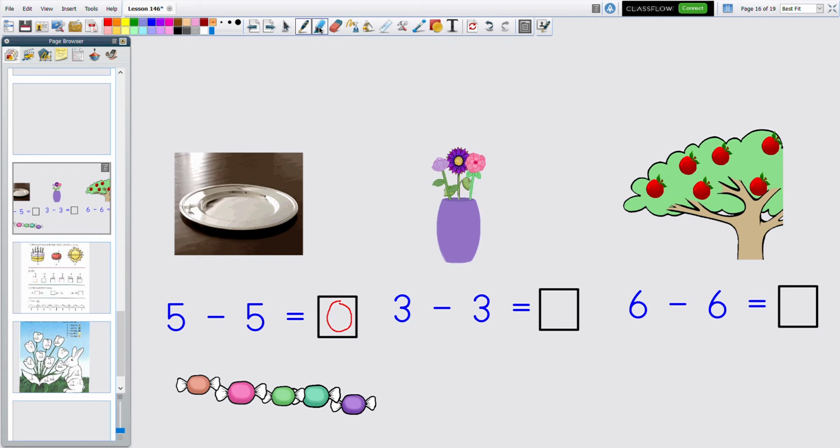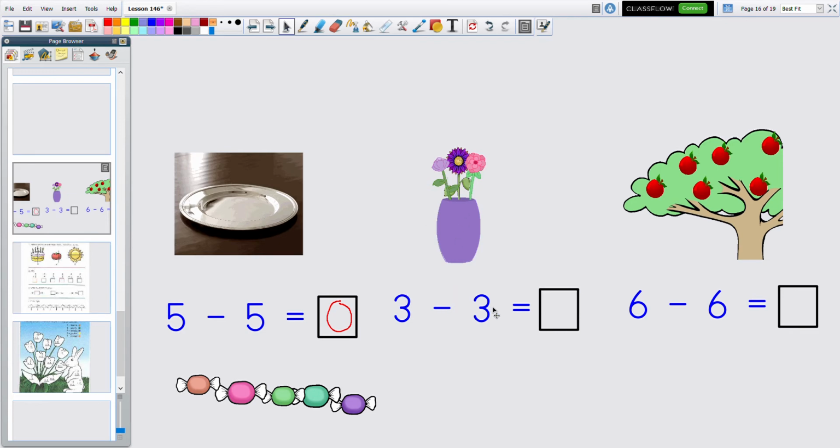Okay, so I'm going to go back up here and get my pointer. Let's look at the next subtraction sentence. Ready? 3 minus 3 equals something. You say what that is, and let's see if that's what it is. See if your answer is right. Okay, so we have 3. 1, 2, 3.